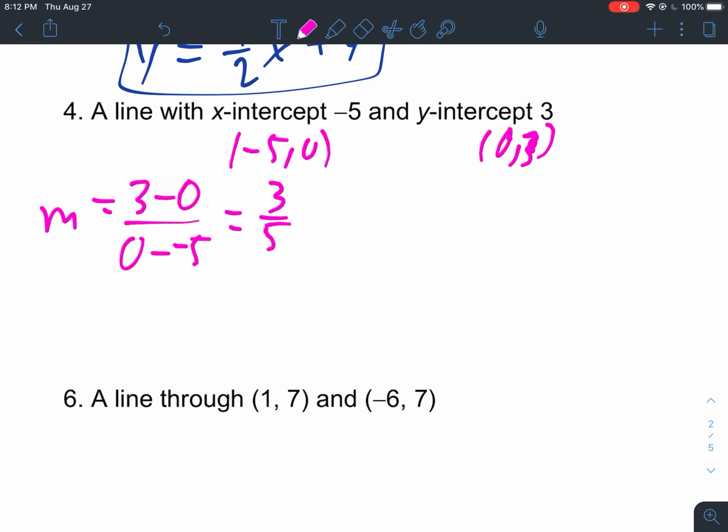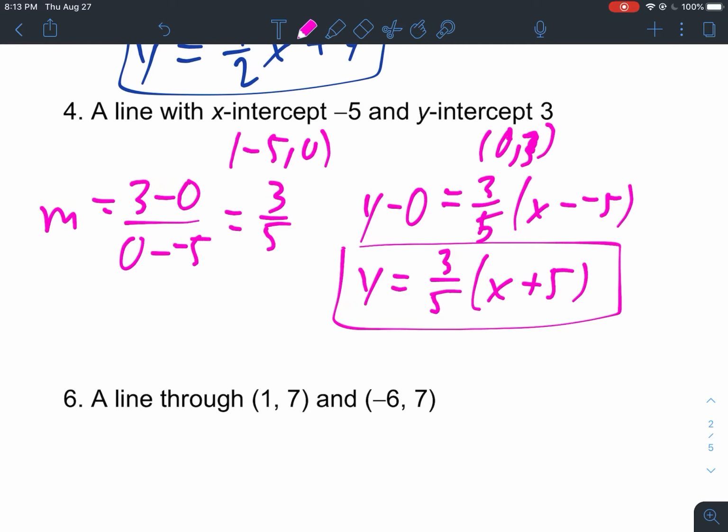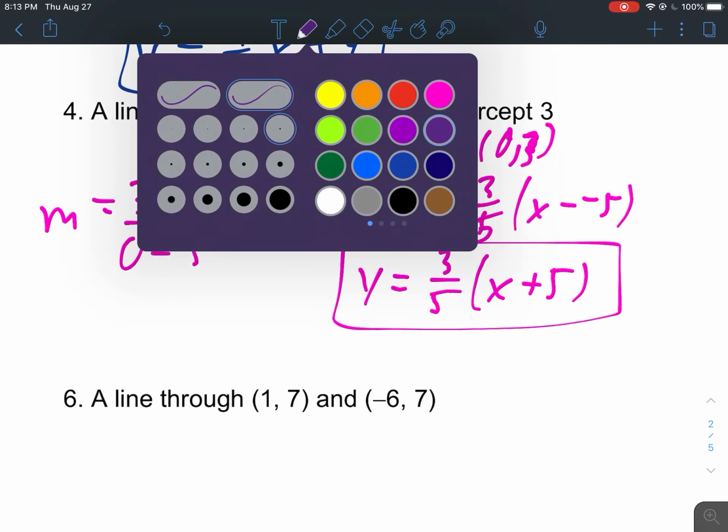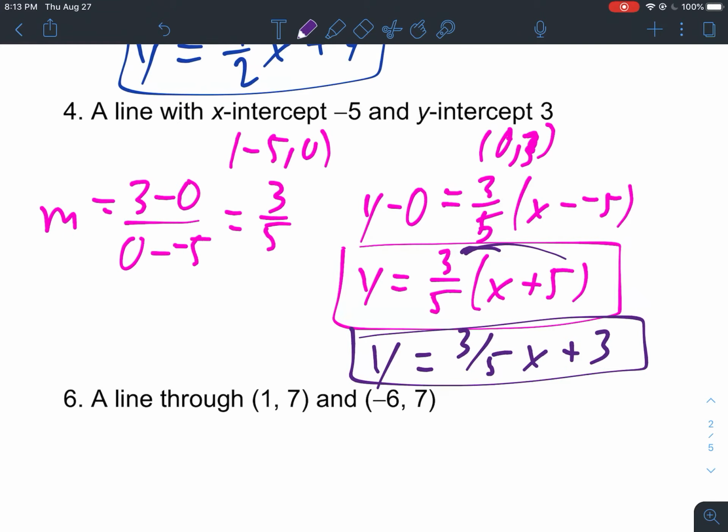I'm going to use (-5, 0). So it's y minus 0 equals 3/5 times x minus negative 5. So that's y equals 3/5 times x plus 5. And that's our point-slope. To get the slope-intercept, just distribute the 3/5. And that's our slope-intercept.